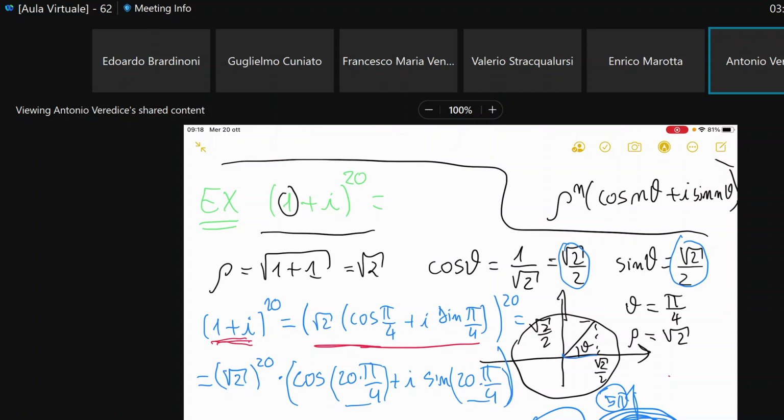So it has this sine and this cosine, okay, is halfway between 0 and pi over 2. If it was pi over 2, its cosine was 0, and the sine was plus 1.